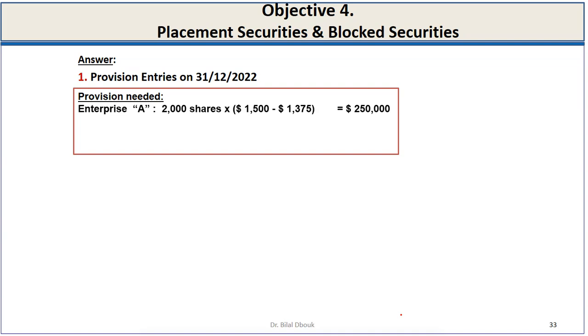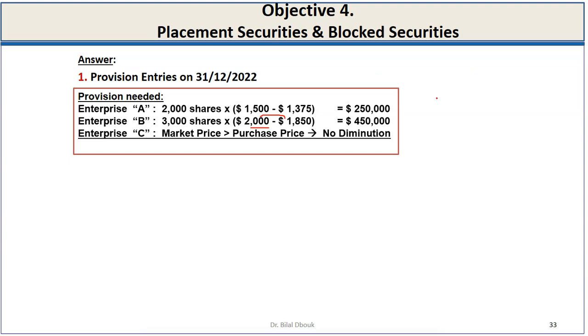Start counting the provision needed for these securities. For Enterprise A shares, we have 2,000 shares times the difference between book value and market value, 1,500 minus 1,375, we got $250,000 in total. For Enterprise B, 3,000 shares times 2,000 minus 1,850, we got $450,000. And for C, we have no decrease, no diminution in value.